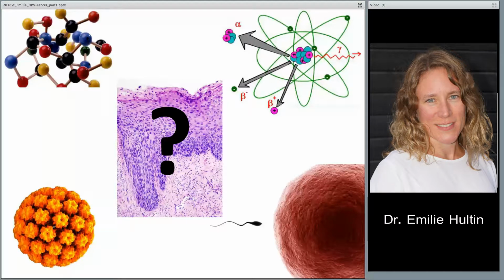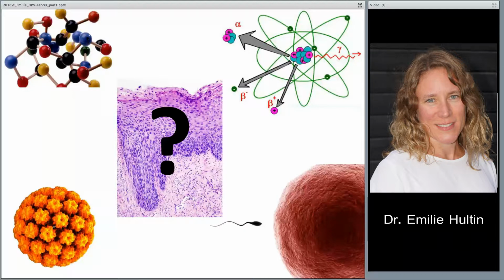So why does this happen? Why do normal cells transform into cancer cells? We know that there are several different causes that can cause cancer. We have chemicals and different kinds of radiation that can cause cancer. Cancer can also be inherited, but some cancers are also caused by viruses.